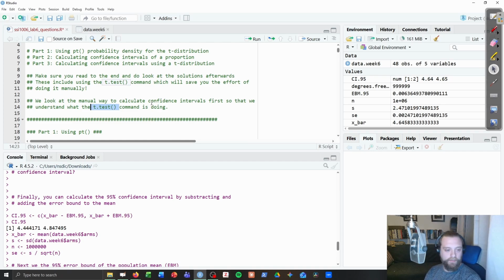So in the next couple of labs and run-throughs, we're going to look at these functions like t-test, and hopefully from this, you'll get a better understanding of exactly what the outputs from this function mean.